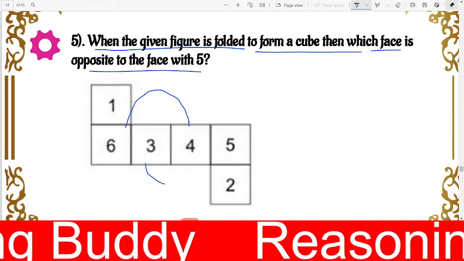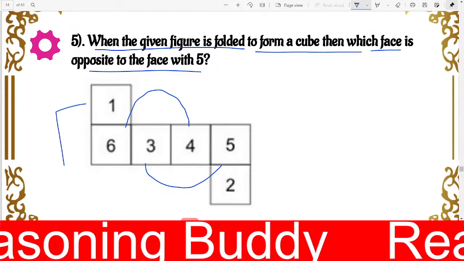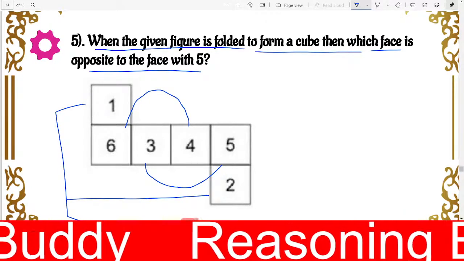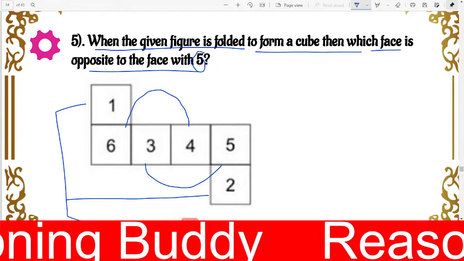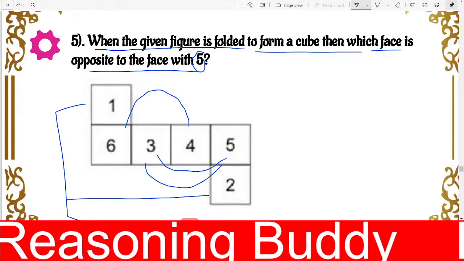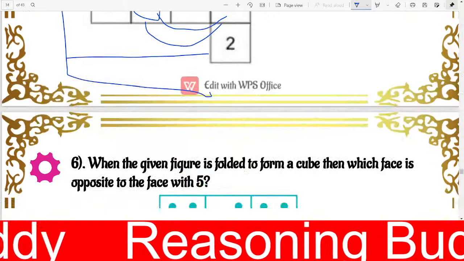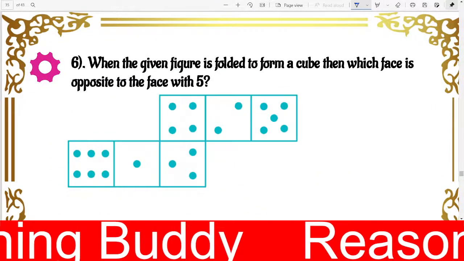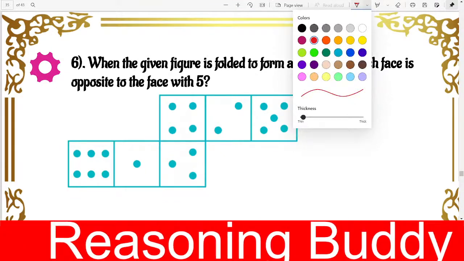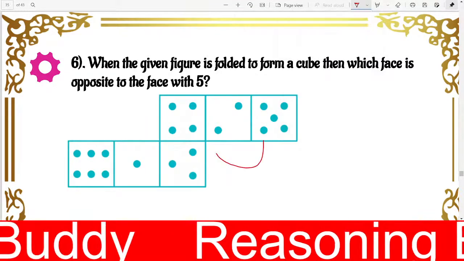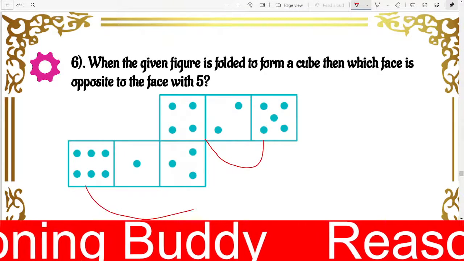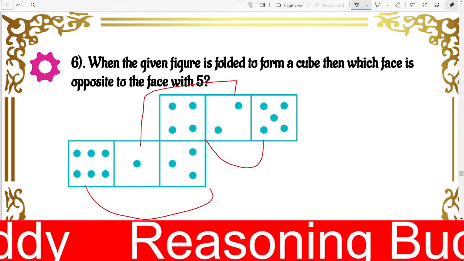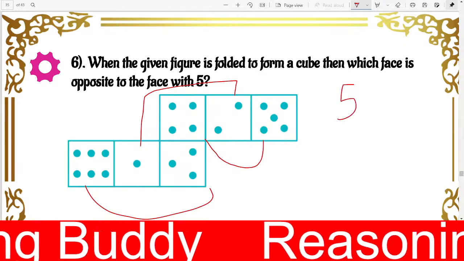So 3 and 5 are an opposite pair, and the remaining 1 and 2 are an opposite pair. In the question they ask for 5. So the opposite for 5 is 3. Okay, so next. Again these are the same questions. So for 5 it is 4, and 6 is 3, and 2 remains, and 2 is 1. So for 5 it is 4.